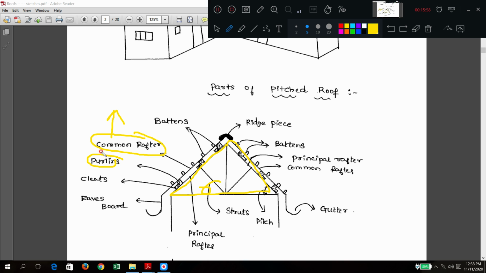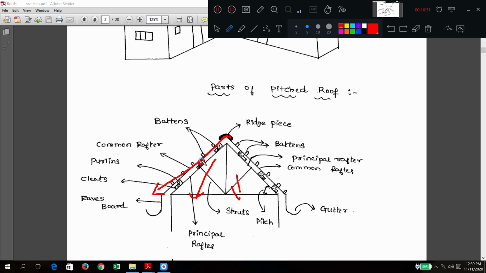If the roof has common rafter and purlin, then another type. If that roof has common rafter plus purlin plus truss, all the things are there, then that is also one type of classification. In this diagram, all the elements have been shown, but in actual site, truss may not be necessary sometimes. Directly this ridge piece, common rafters may be fixed and GI sheets may be put there. That is also one case.